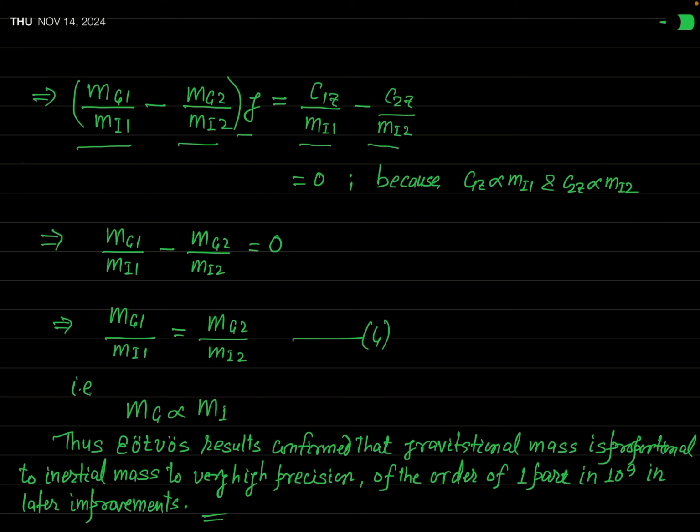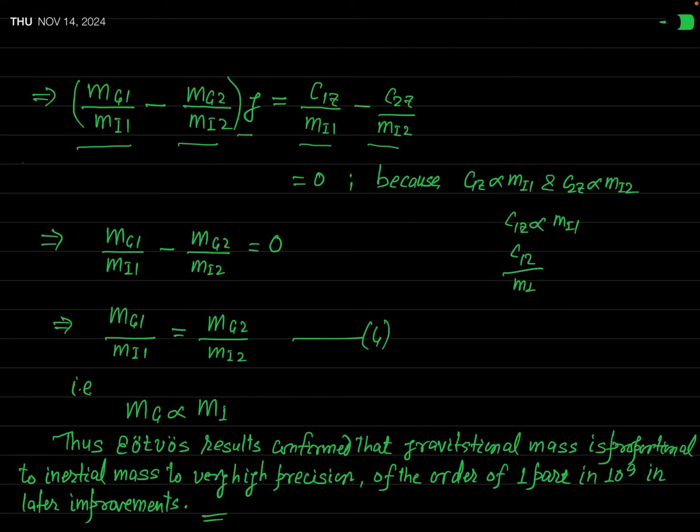But as you have seen earlier, c1z is proportional to mi1. Okay? And therefore c1z by mi1, let us say, will be equal to a constant, and this constant is, let us say, k.